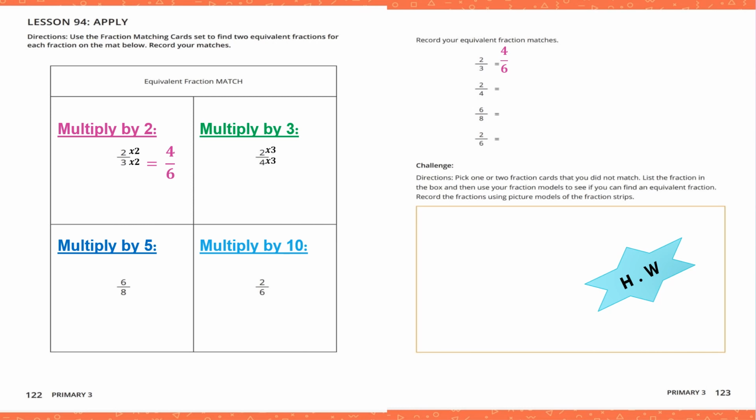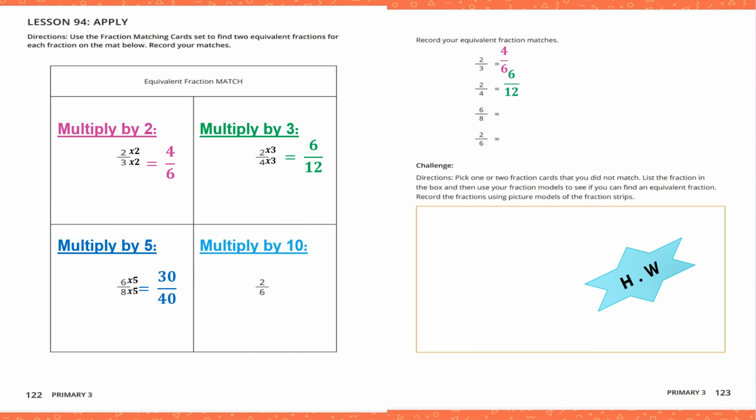Multiply by 3. So I will multiply the numerator and the denominator by 3. 2 times 3 equals 6. 4 times 3 equals 12. So it will be 6/12. 2/4 equals 6/12. Multiply by 5. 6 times 5, 8 times 5. 6 times 5 equals 30. 8 times 5 equals 40.